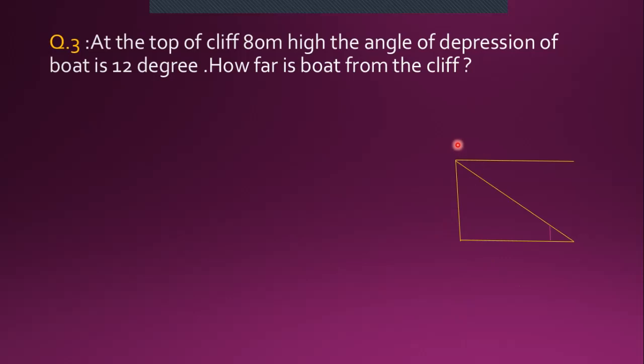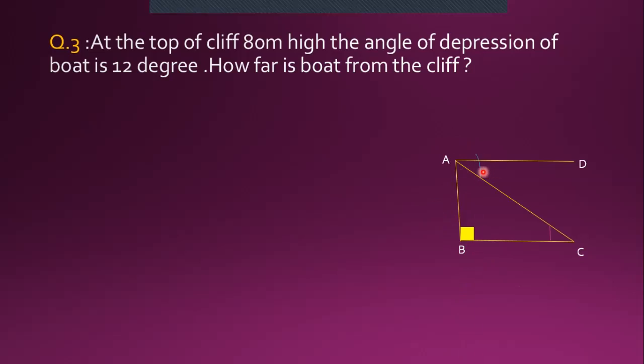Obviously the cliff would not be of this type, but as we are to take the height, and height is taken at right angle always, so we need to make the right angle. Now by writing the names A, B, C and D, and showing the right angle, and then showing this angle.